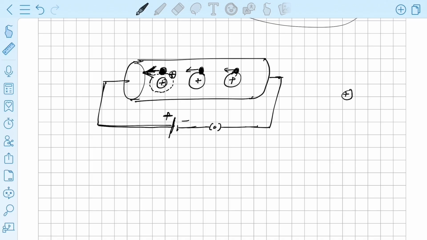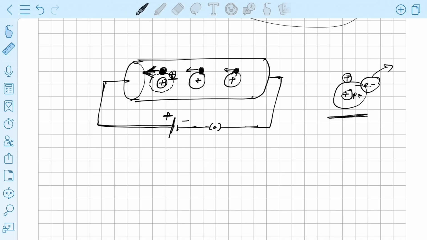We know that in a neutral atom there are equal numbers of protons and electrons, protons being positively charged and electrons negatively charged, which keeps the atom neutral. So when an electron is removed, the atom becomes positively charged, because one negative charge is less.